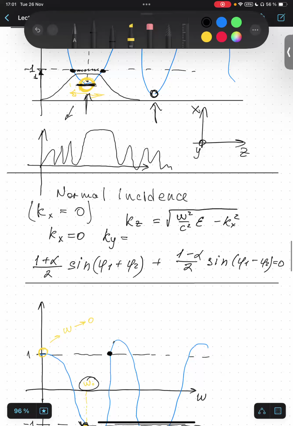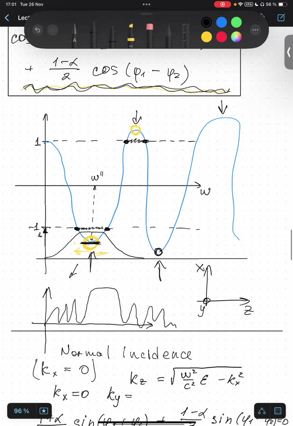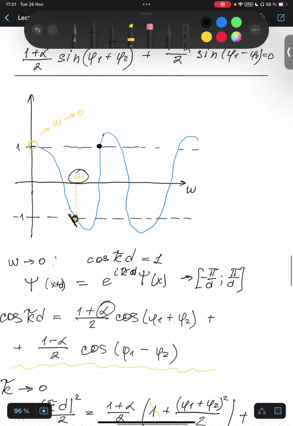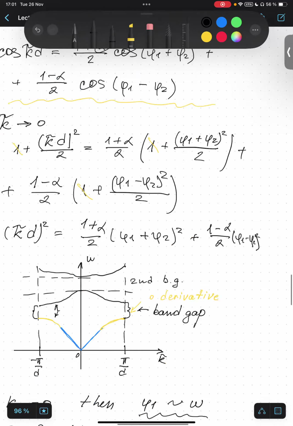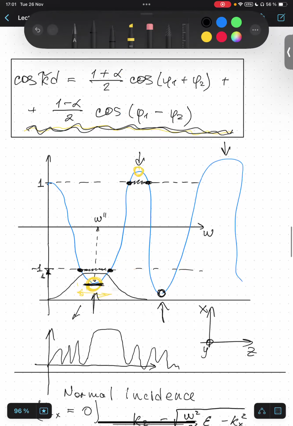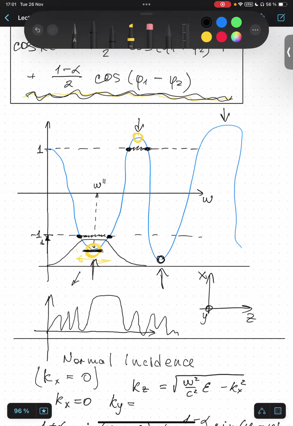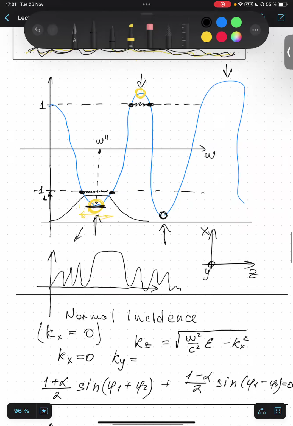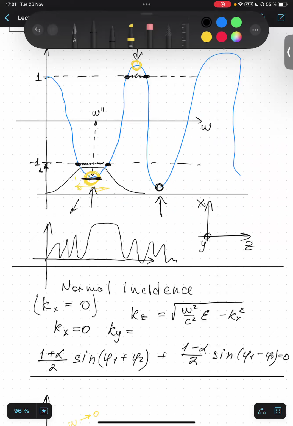So we have only kz here. And we just take the derivative over k tilde. Well, actually it doesn't matter. You see, we can take the derivative by omega. Here it really doesn't matter.